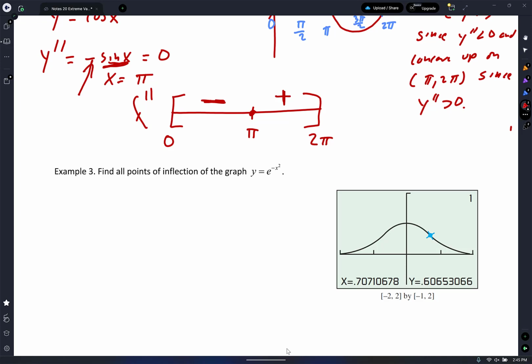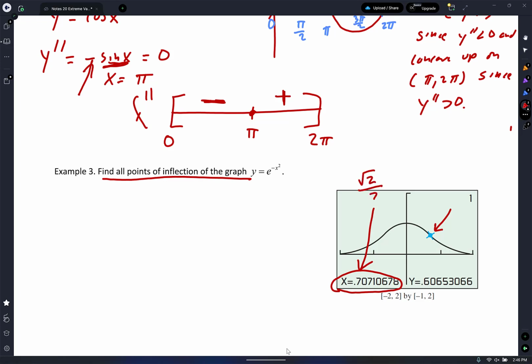I don't know if you guys recognize this number. I can already tell they're telling me that number there is 0.707, and it says find all points of inflection. So that means where it changes concavity. Cool or not cool? And I can already tell that I have concave down to concave up at that specific coordinate. Do you guys recognize that number? It's okay if you don't. You use it all the time in pre-cal.